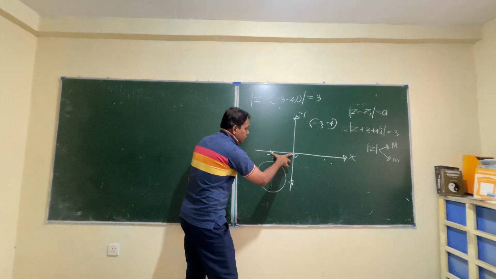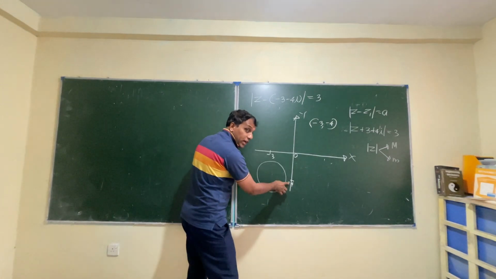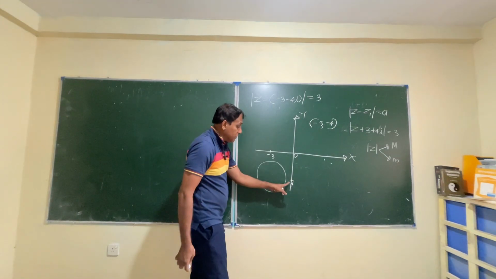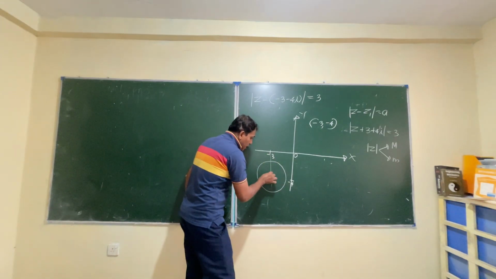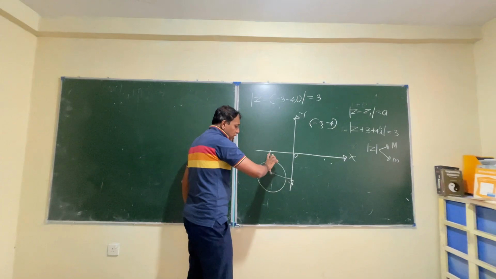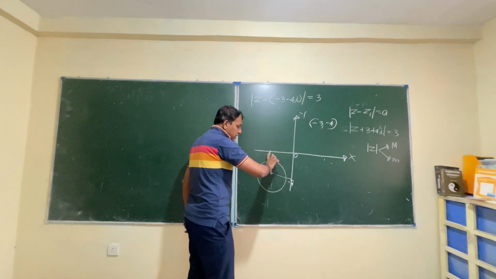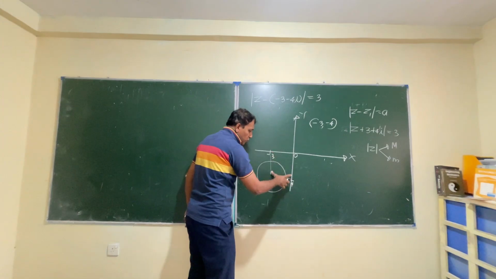And this is 4. Check the coordinates on the diagram, is it okay? Minus 3 units here, and here 4. This is 3, this is 3.